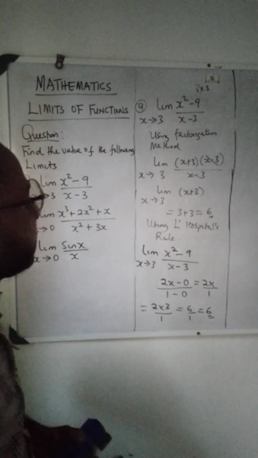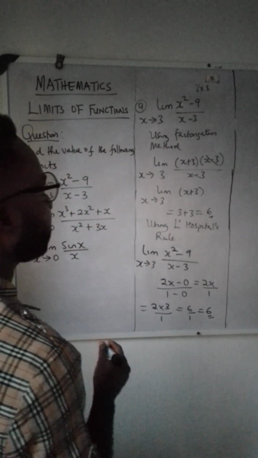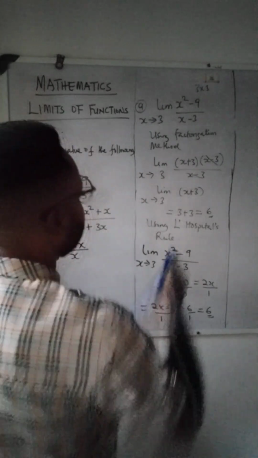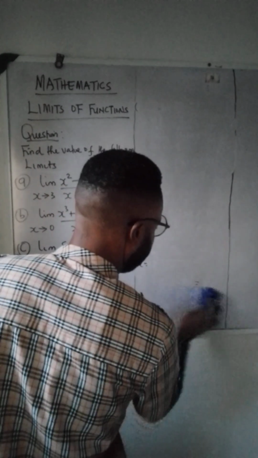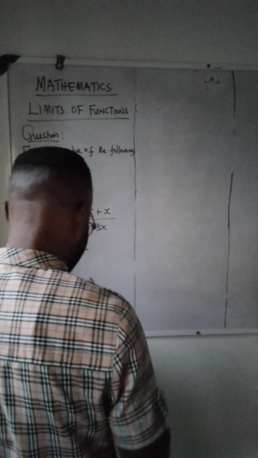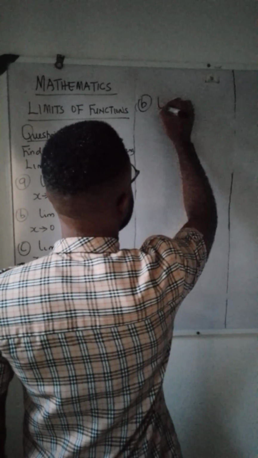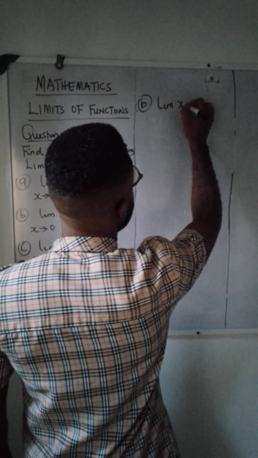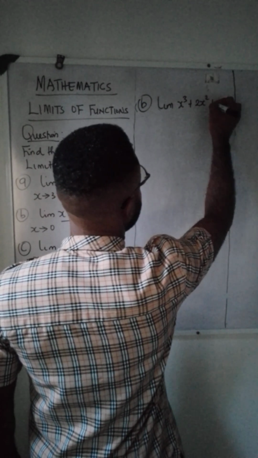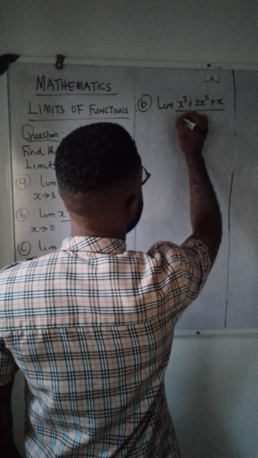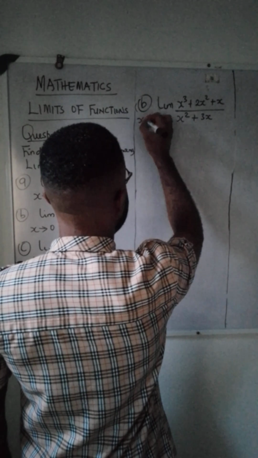Okay, let's take question B. All right, let me rub this off and take question B. So for question B, we have the limit of x cubed plus 2x squared plus x divided by x squared plus 3x as x tends to 0.